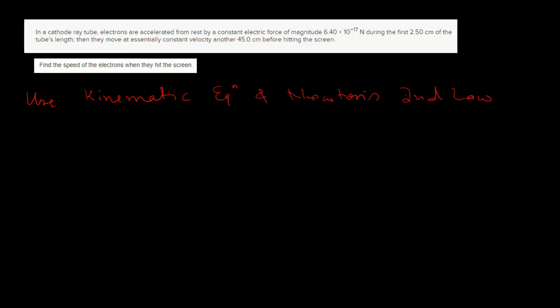The kinematic equation that we are gonna use is v square minus u square is equal to 2as. This equation says that the square of the final velocity minus the square of the initial velocity is equal to 2 times acceleration times the distance.